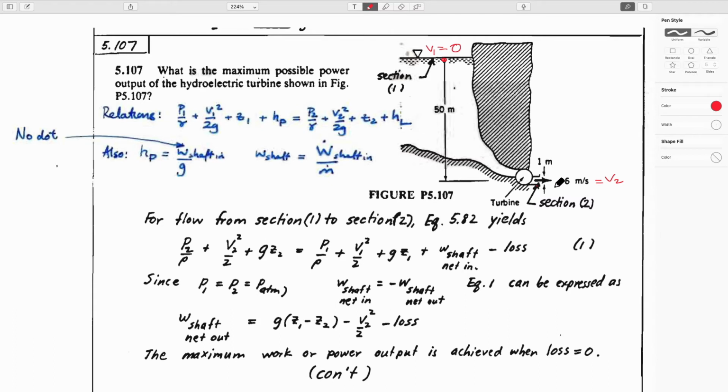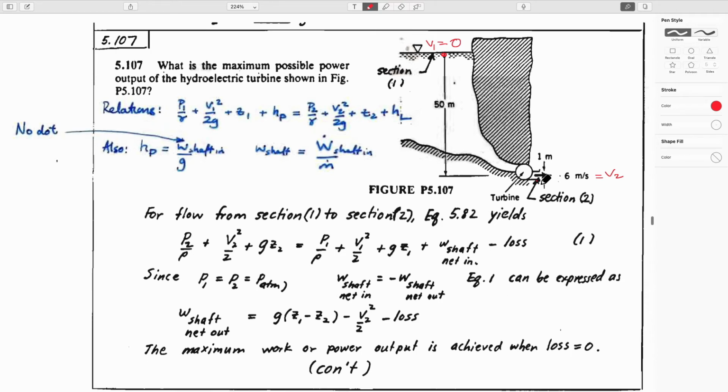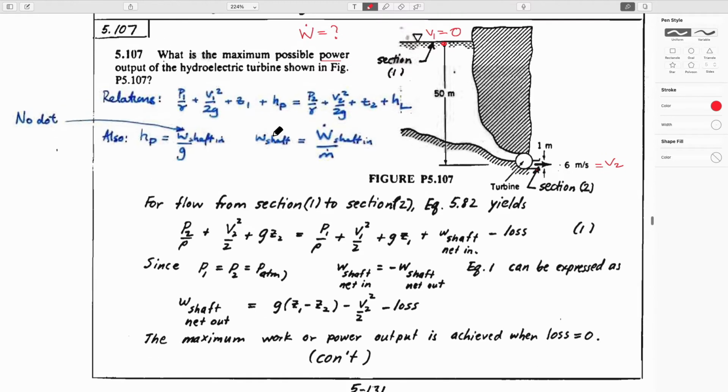So you just have to judiciously choose your locations. This time upstream and downstream are above each other. This would be our relationship. What's the maximum possible power output? So this would be what is uppercase W. The easiest way to do that, I would calculate HP. I know that upstream the pressure is 0, downstream the pressure is 0 because it's atmospheric.